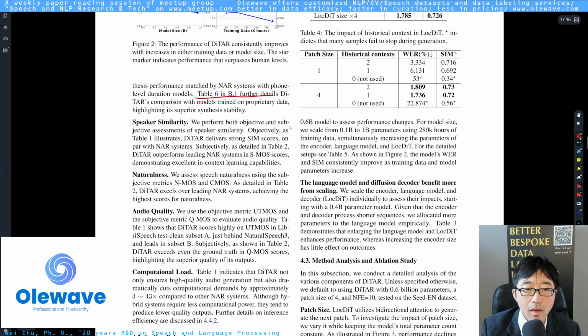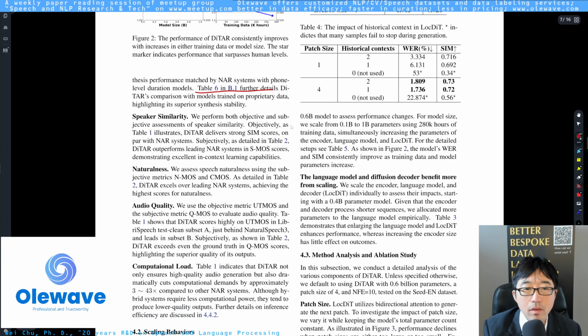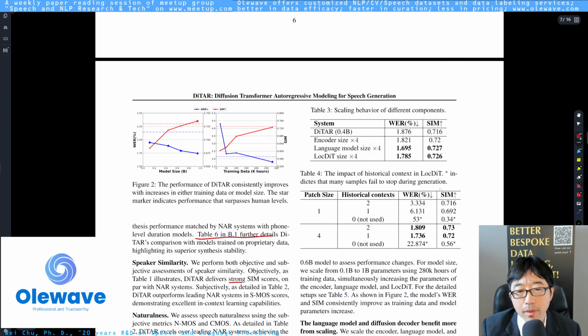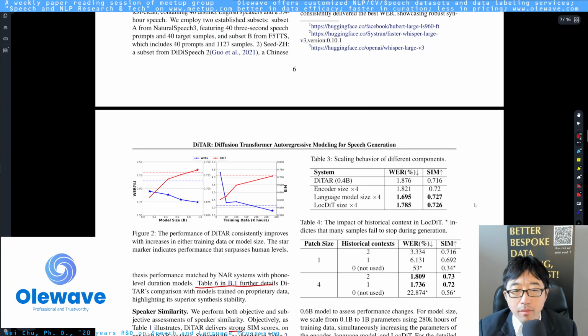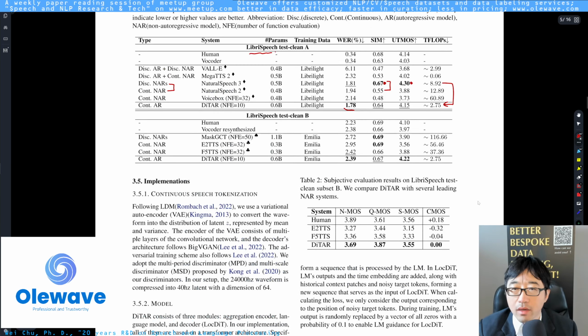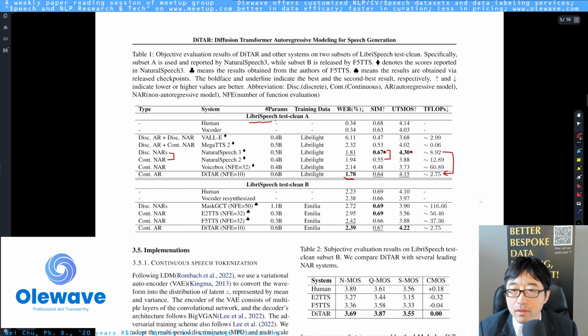Let's see what they say about this. They say strong, not the best, on par with NAR system. Well, they didn't analyze why. They just mentioned that in terms of the MOS score, they're doing better than the NAR, which is not true, I think.